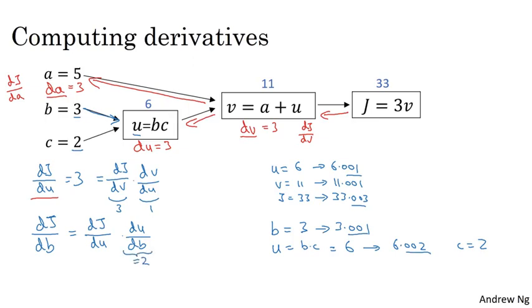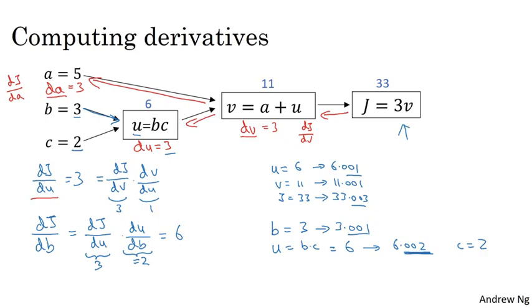And now we know that u has gone up twice as much as b has gone up. Well, what is dj/du? We've already figured out that this is equal to 3. And so by multiplying these two out, we find that dj/db is equal to 6. And again, here's the reasoning for the second part of the argument, which is we want to know when u goes up by 0.002, how does that affect j?